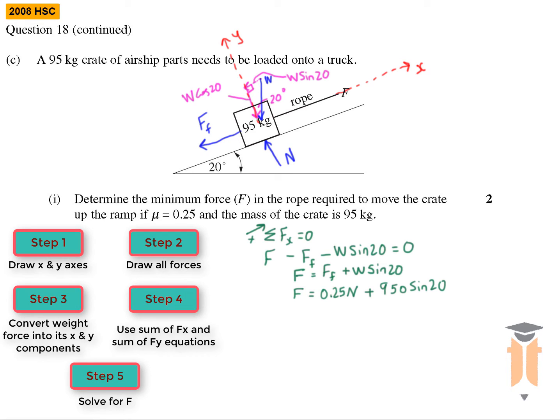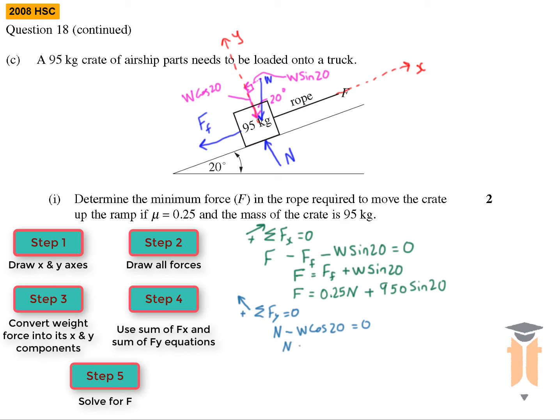So now I have to use sum of Fy equals 0 to calculate my normal. So sum of Fy equals 0, and I'm going to take this as my positive direction. So we've got the normal force, which is acting in that direction, minus the Y component of the weight force, which is W cos 20 equals 0.